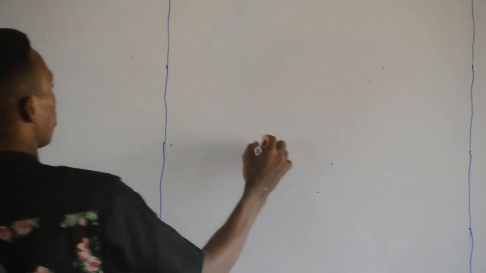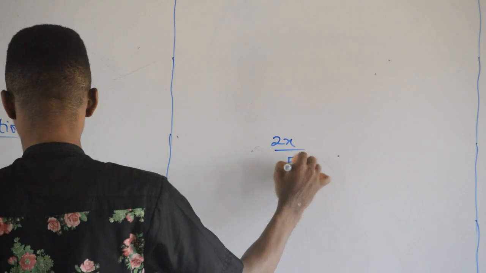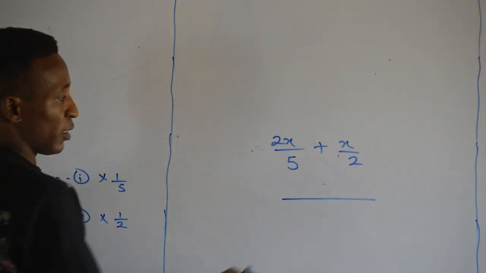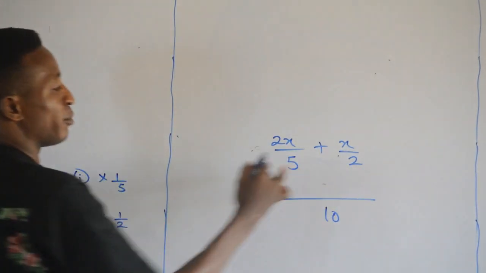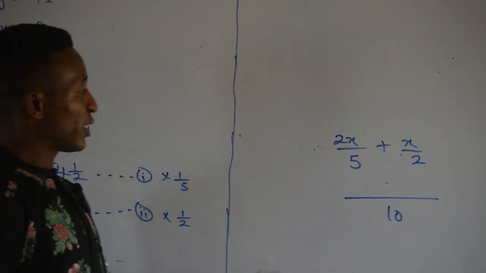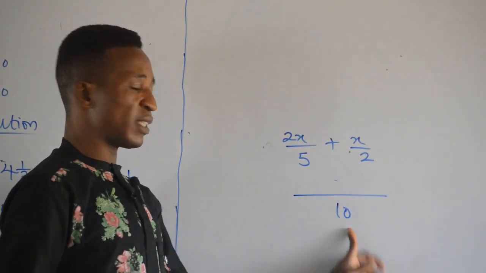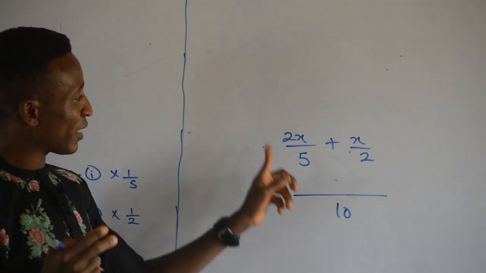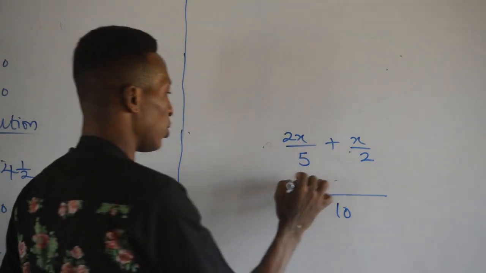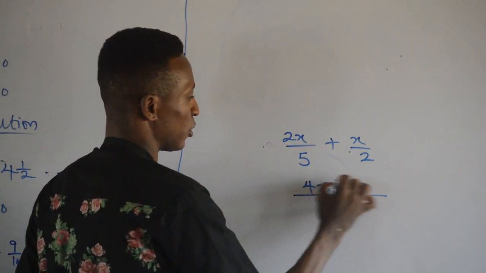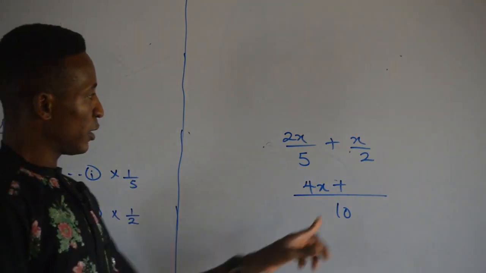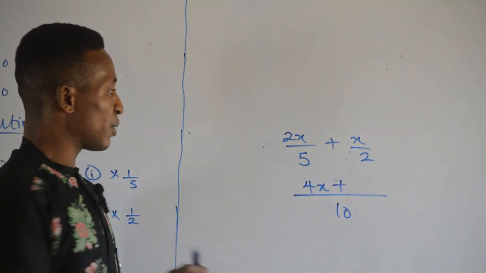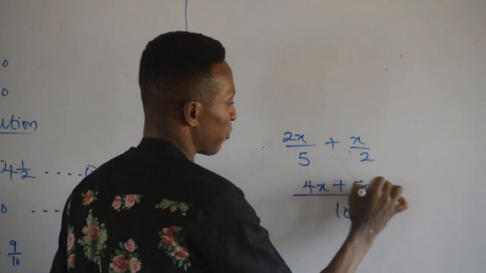So when we have 2x over 5 plus x over 2, the LCM here is 10. That's LCM of the denominators, which is 5 and 2. So since the LCM of the denominators 5 and 2 is 10, how many 5 will you see in 10? 2. Now multiply that 2 by the 2x we have here. That gives you 4x. Then plus, how many 2 will you see in 10? 5. 5 times x gives you 5x.